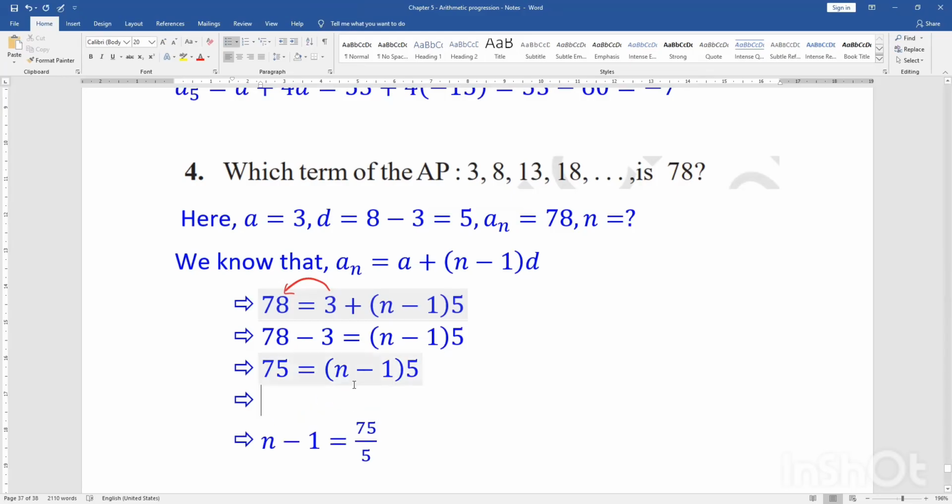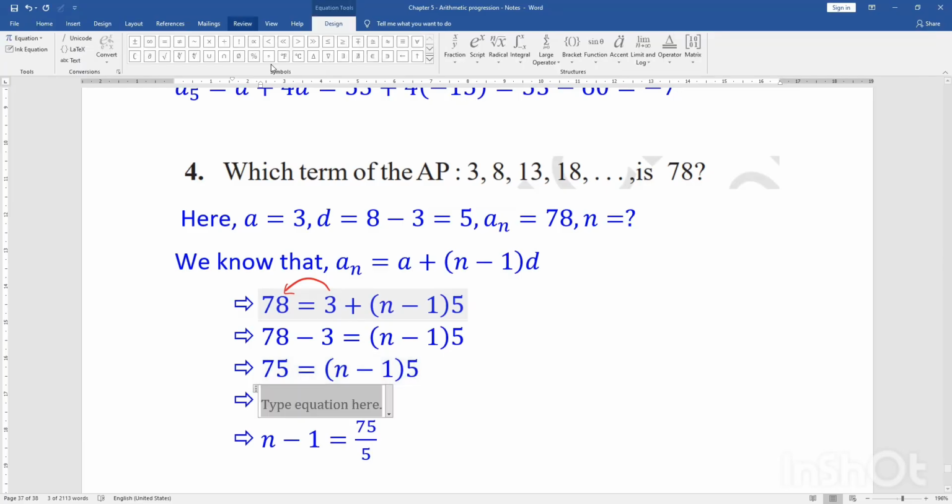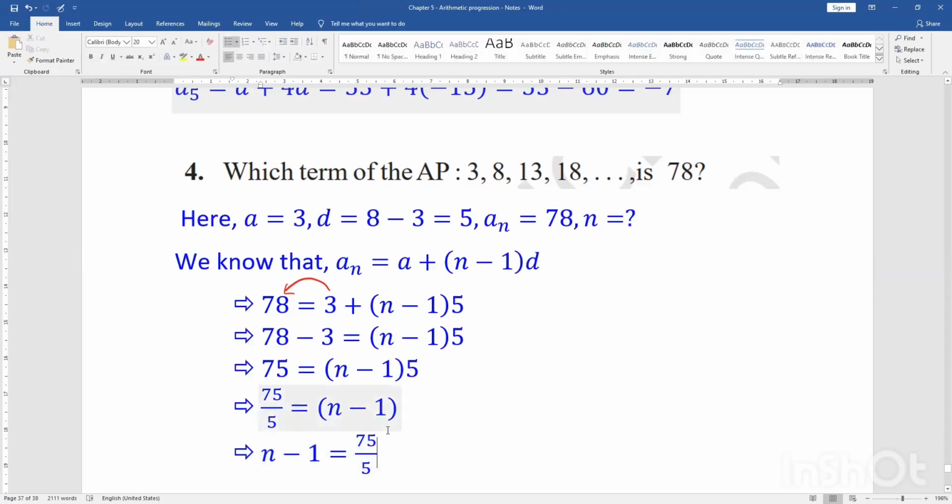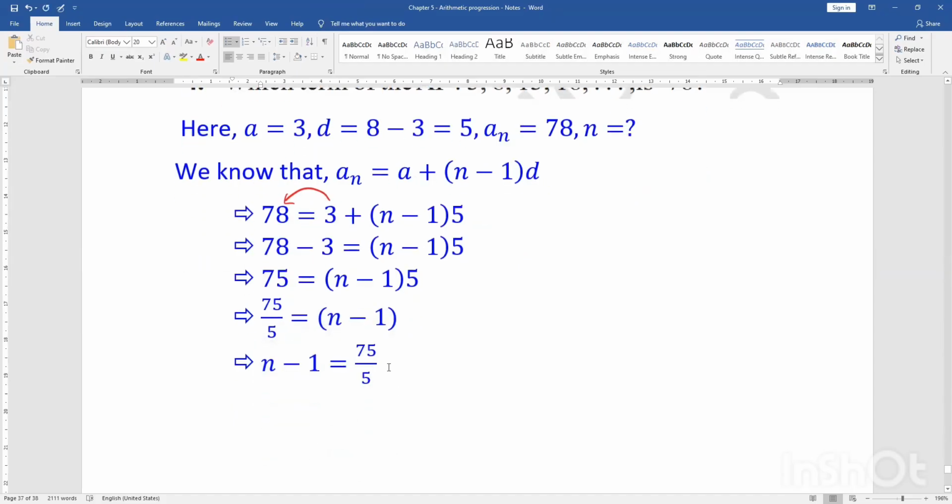Here I moved 5 to the other side, and because 5 is being multiplied, it comes to the denominator: 75 divided by 5 equals n minus 1. Now I interchange this one, moving n minus 1 to the LHS and 75 by 5 to the RHS. Done. Then we do the cancellation.